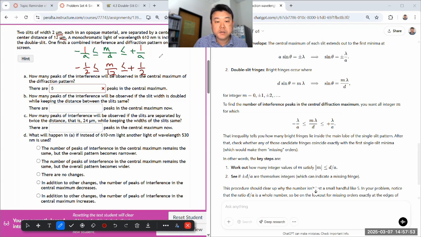So I can have values of m equals 0, that will work. m equals 1 will work, 2 will work, 3 will work, 4 will work, 5 will work, 6 will work.